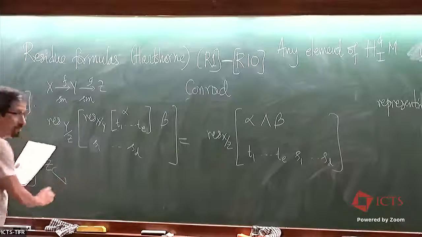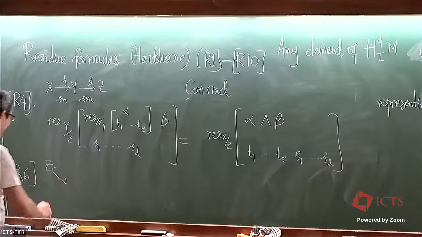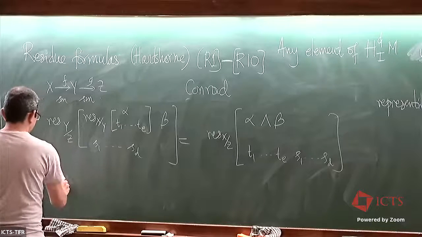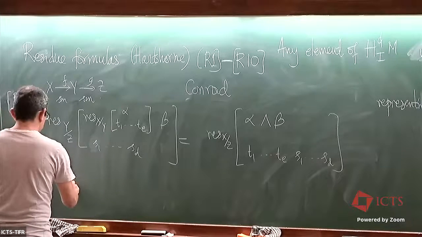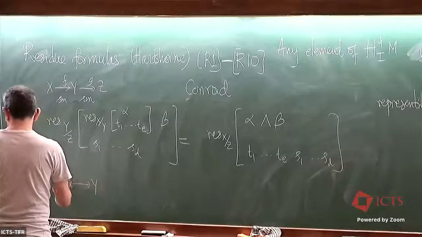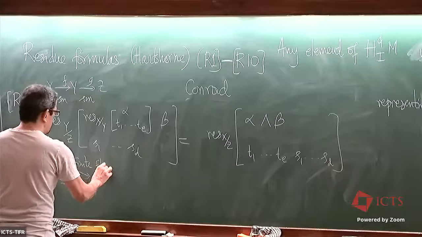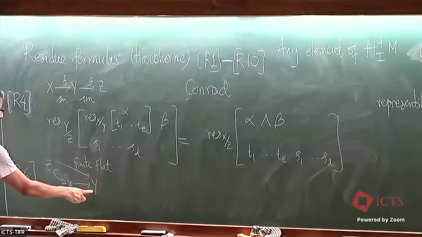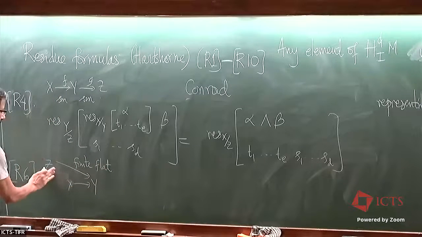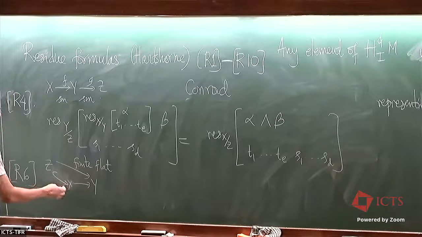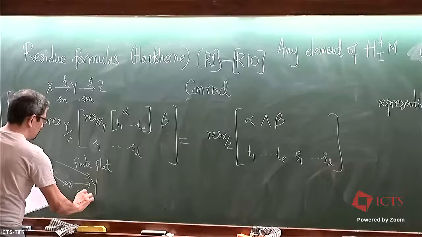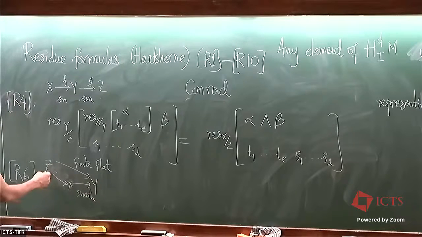So X to Y, and I have finite flat. So think of this as a field, and this is a field extension, and this is some variety which has a spec of that field extension as one of its points. So this is smooth, and this is a closed immersion.